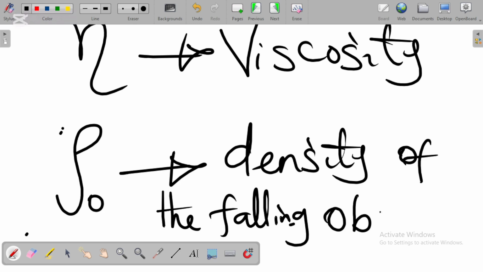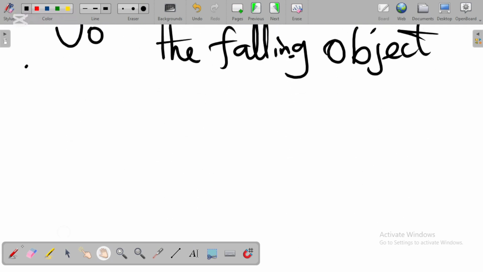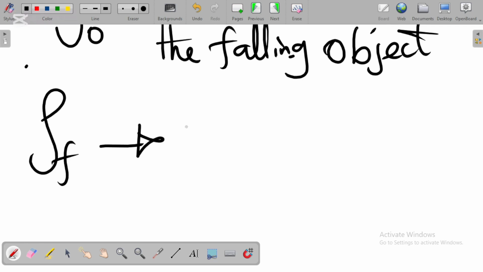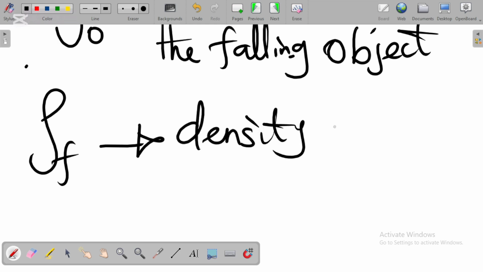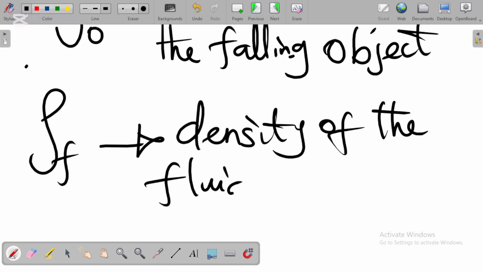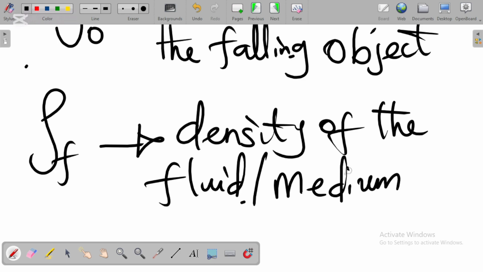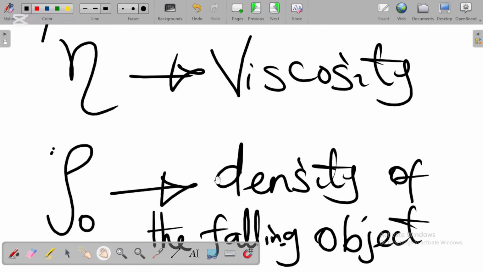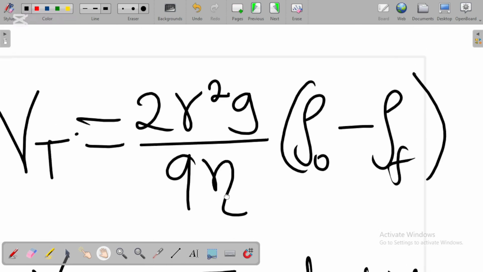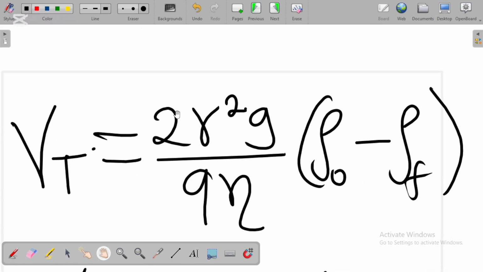And then finally, rho subscript F is called the density of the fluid or medium. Alright. So this is the formula that relates all the parameters given in the question together.